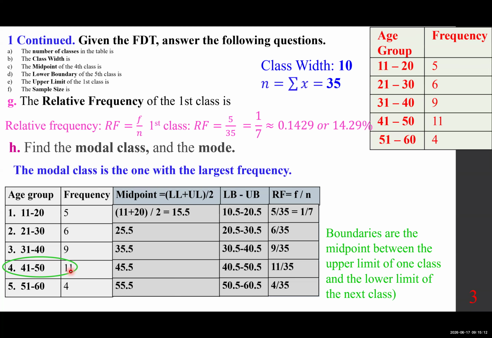Number 4. So the modal class is the one with the largest frequency. Class number 4, which is from 41 to 50, with the largest frequency of 11. So what is the mode? You use the midpoint.